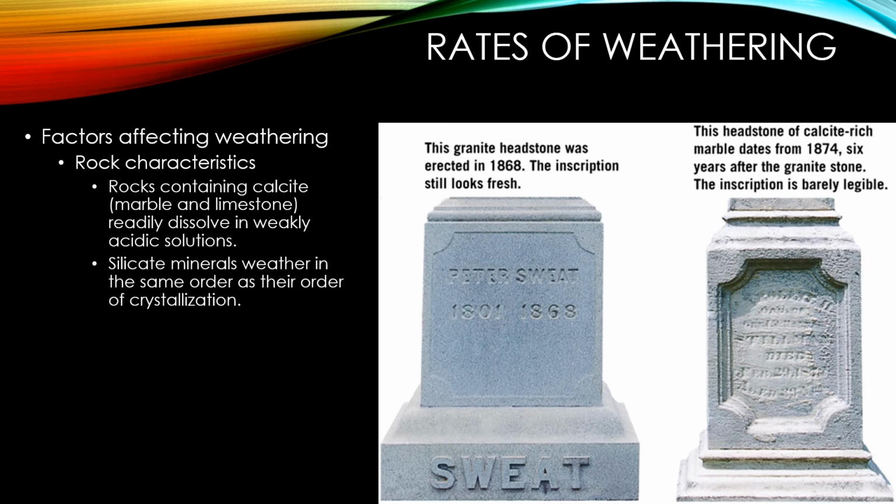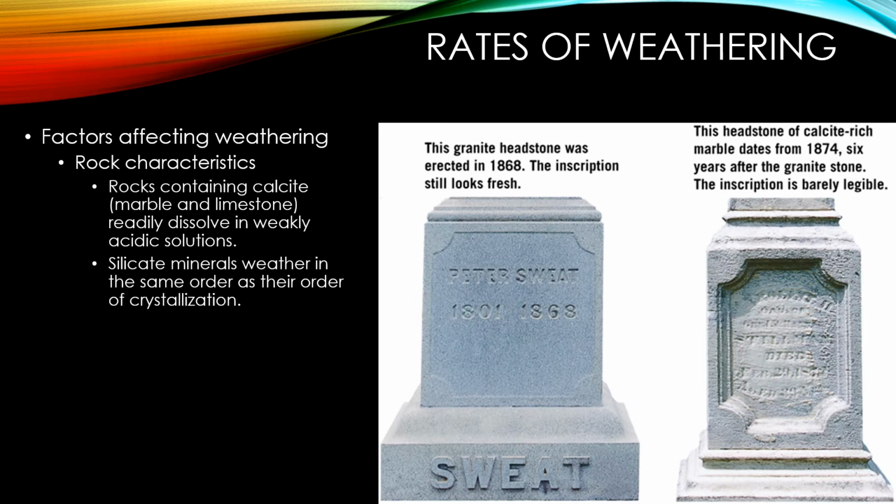So if you go back to the chapter on minerals earlier in this course, and in the chapter on igneous rocks, and you think about Bowen's reaction series and how some minerals precipitate out of the magma and form at hotter temperatures, and some precipitate out of the magma and form at colder temperatures, the silicate minerals basically weather in that same order.